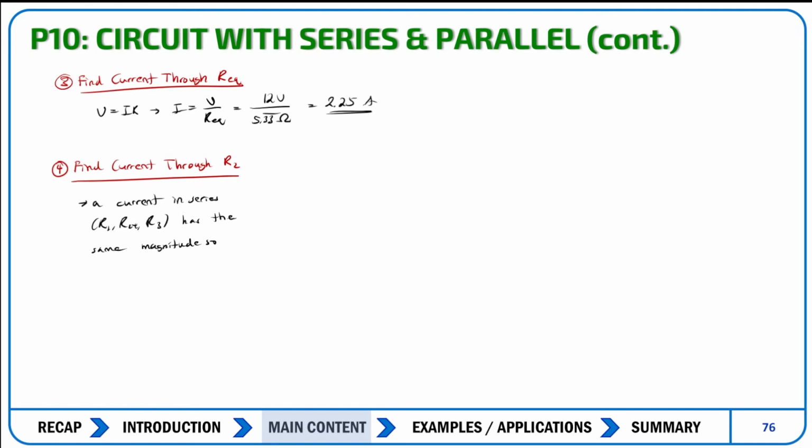So that means R24 has I24 equals 2.25 amps.